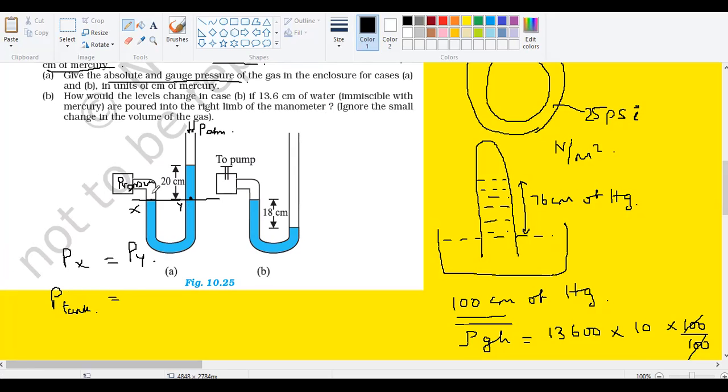In place of Px, I can put P tank, and Py is P atmosphere plus pressure due to the liquid column. Pressure due to the liquid column is nothing but your 20 centimeter of mercury.